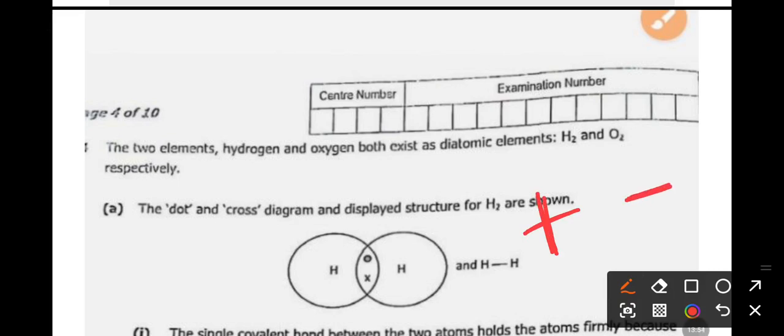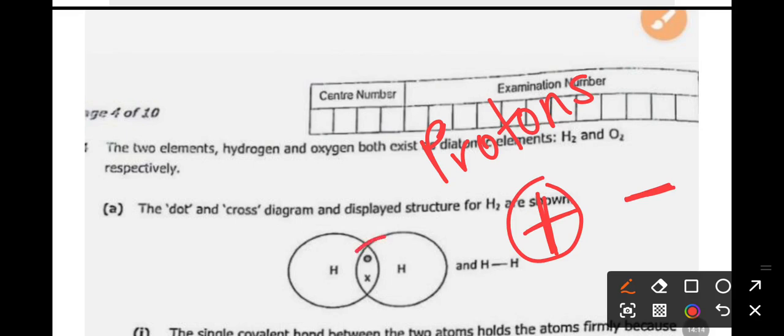Okay, so the positive charges that constitute this electrostatic force are the positively charged protons that are found in the nucleus, whereas the negative charges are these shared pairs of electrons. So they're the ones that create this electrostatic force of attraction.